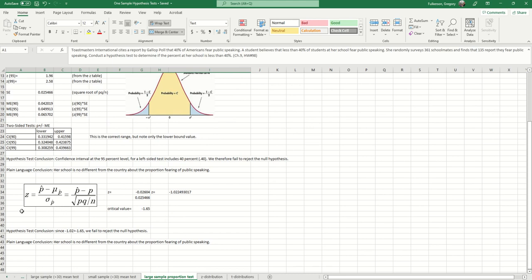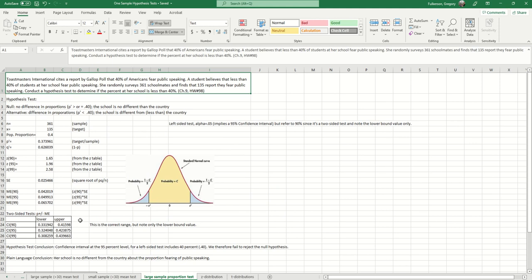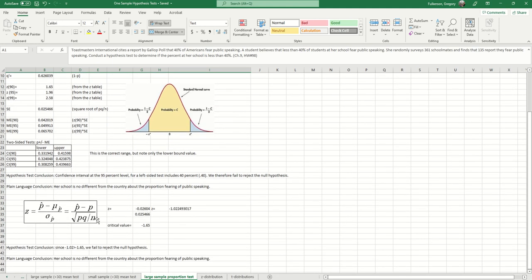So we've got this formula. Z is the sample probability minus the population probability over the standard deviation of the population. And if we don't know population values, we can use some substitution here.